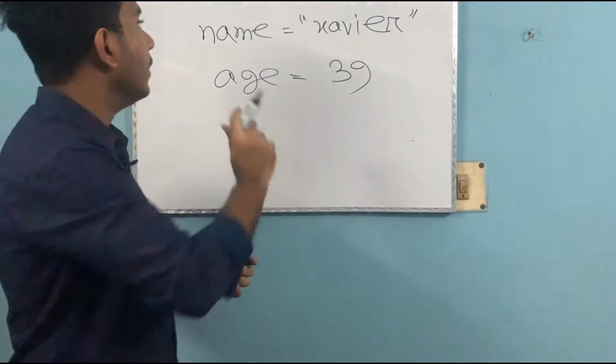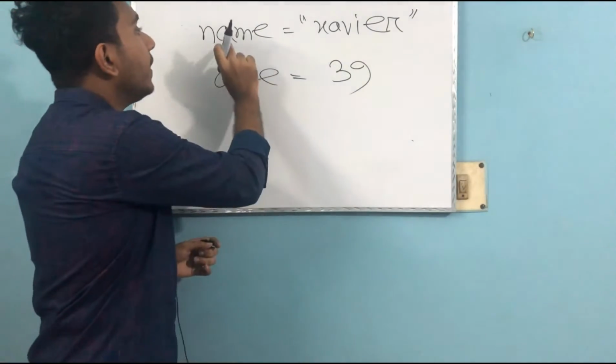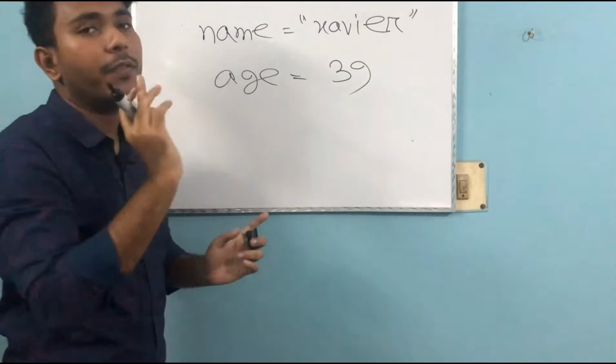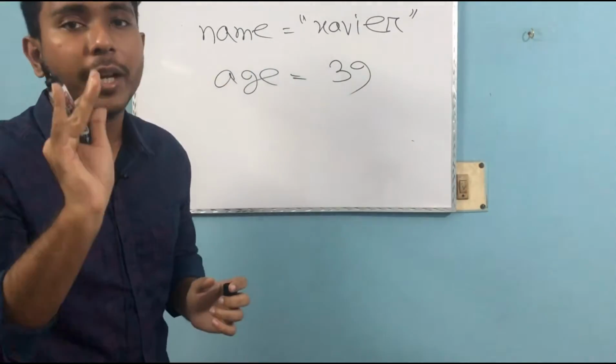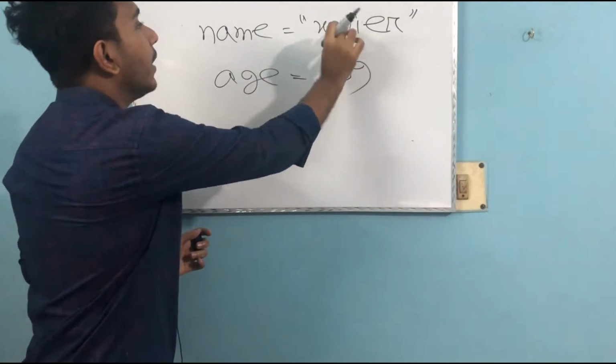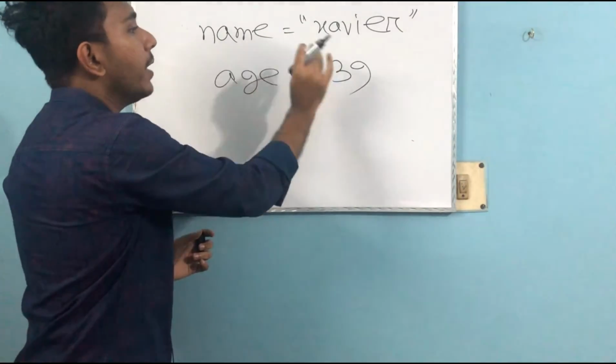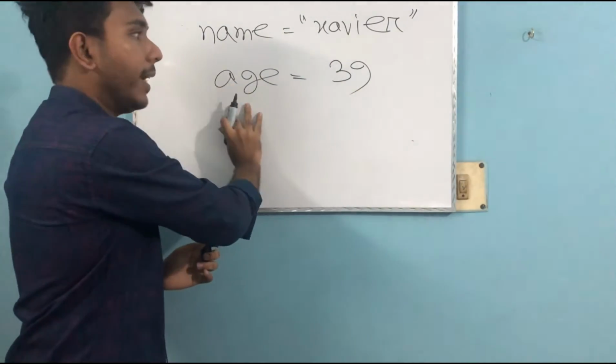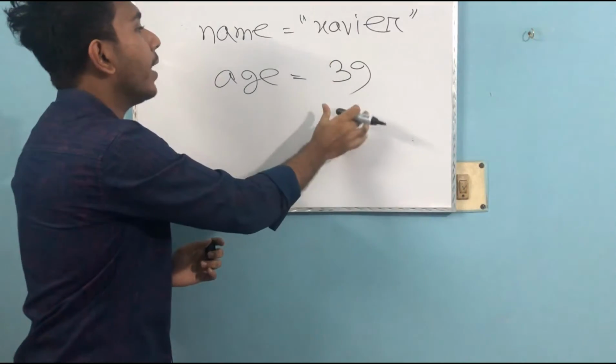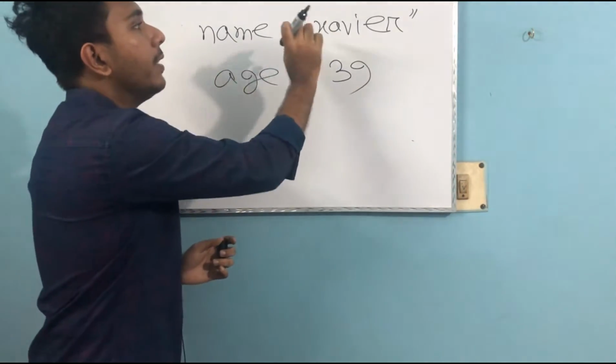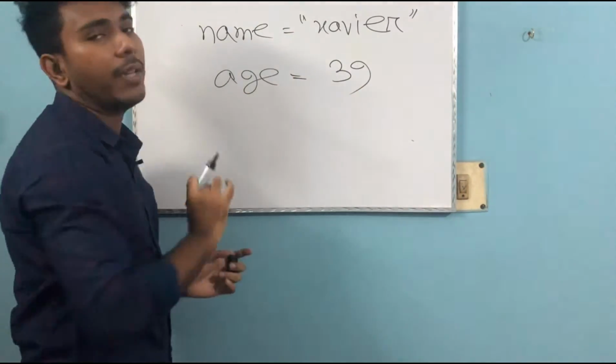Now look at this. This name and this age are variables and they are holding some values. Javier is held by name and 39 is held by age. That means 39 is the value of the age variable and Javier is the value of the name variable.